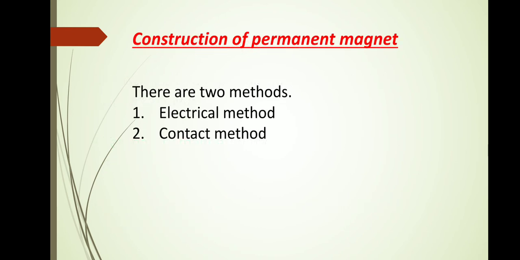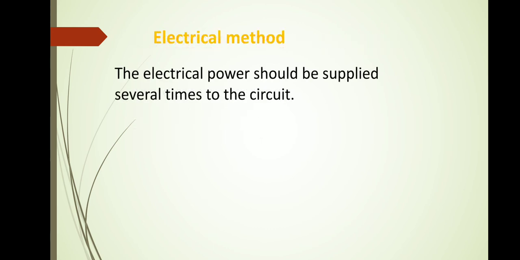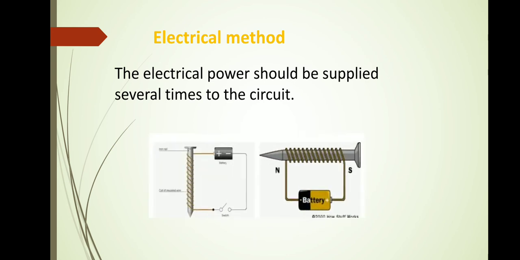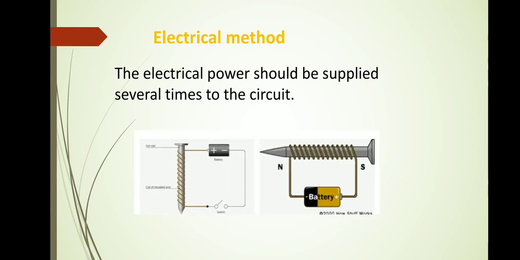Now we are going to learn about how to construct the permanent magnet. There are two methods, electrical method, contact method. In the electrical method, you can see the diagram very clearly. There is a nail, it is not magnetized. What they are doing is they are coiling the nail with the wire and that is connected to the cell.